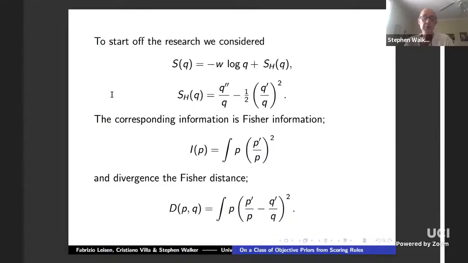The corresponding D and I are also associated with it, which satisfy the equation on the previous slide. So the information is known as Fisher information, and the divergence is the Fisher distance. So these are the two expressions here. So those three are linked in the same way that the Shannon information, Kullback-Leibler, and log score are connected as well.